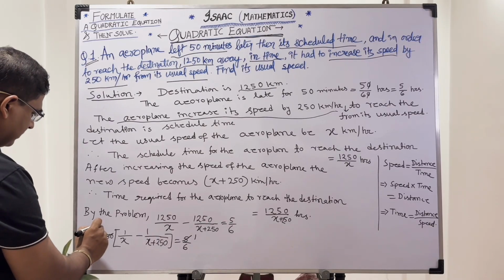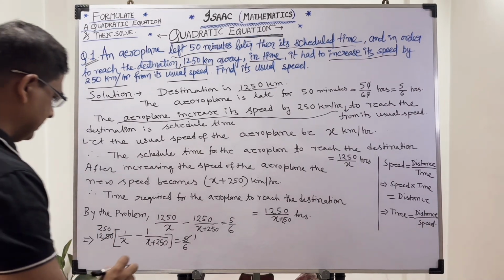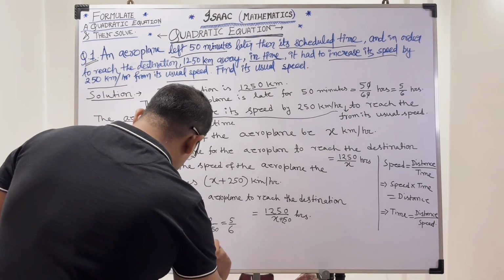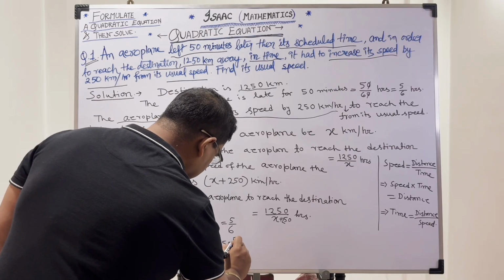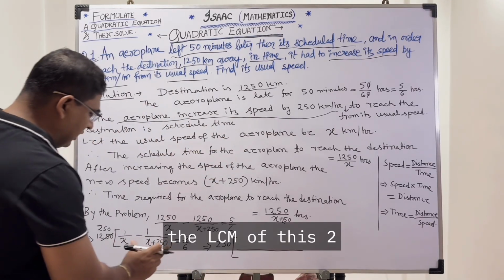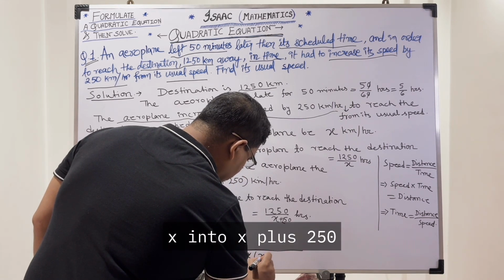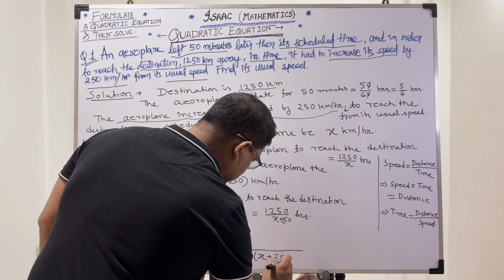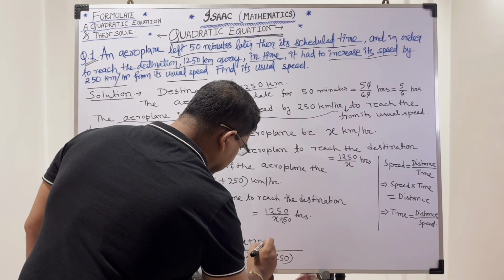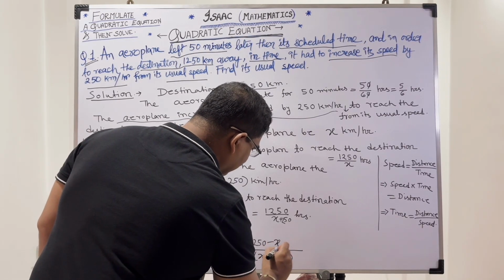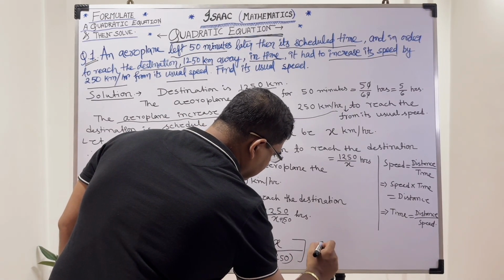So this will give 250 into the LCM of these two, x into x plus 250, and in the numerator we have x plus 250 minus x, that is equals to 1 by 6.